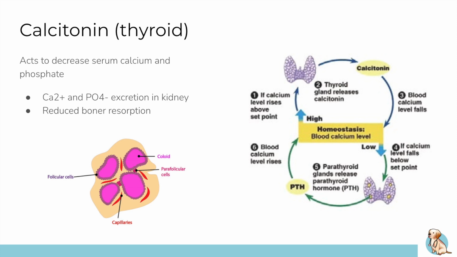When blood calcium level rises, the thyroid gland will release calcitonin to bring it back down, right? So if calcium is high, we release calcitonin to bring calcium down. When calcium is low, we release parathyroid hormone. So essentially, they're the two opposite hormones.